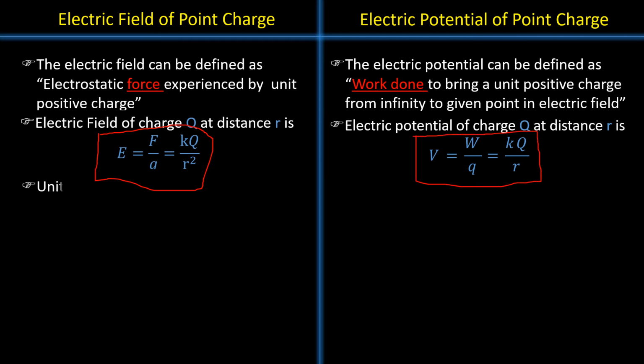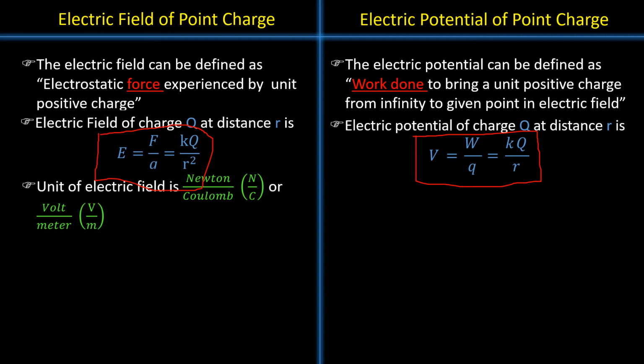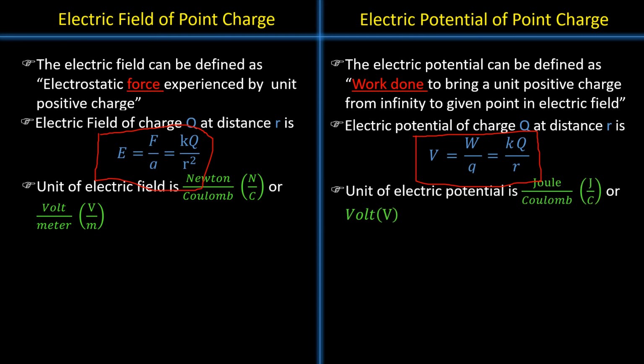Further, unit of electric field is force upon charge, means Newton per coulomb or volt per meter, whereas unit of electrostatic potential is joule per coulomb or volt. Electric field is vector quantity and electric potential is scalar quantity.